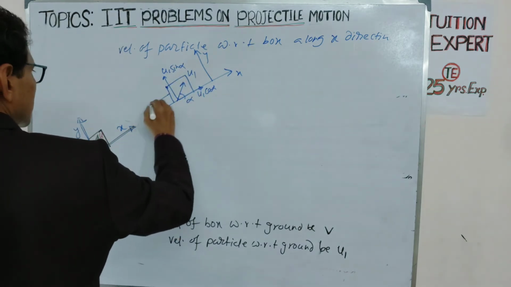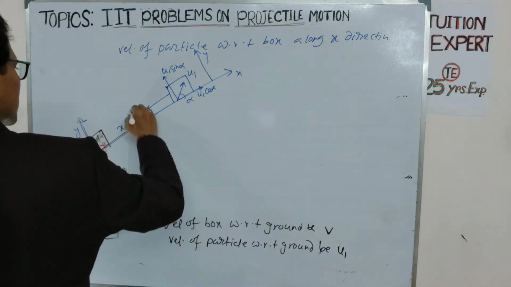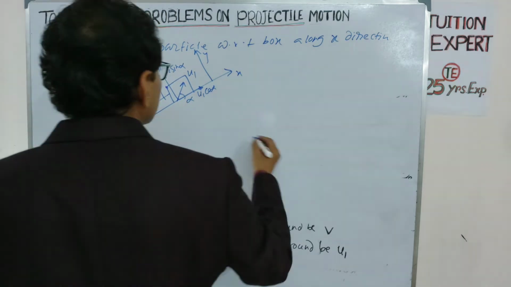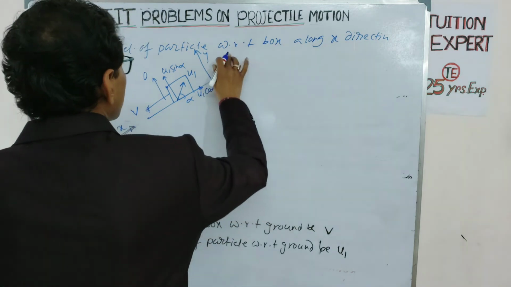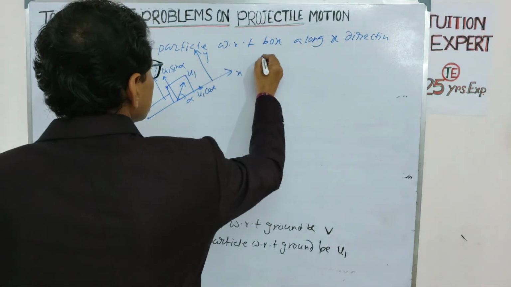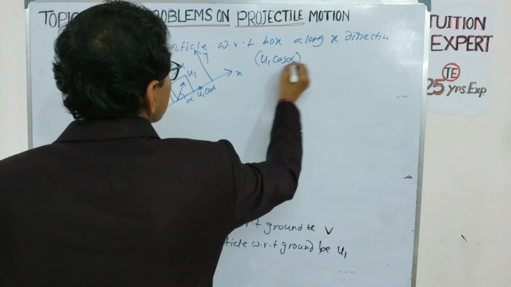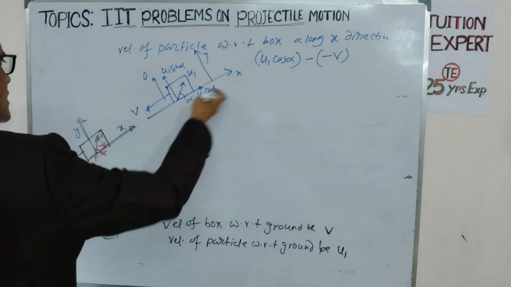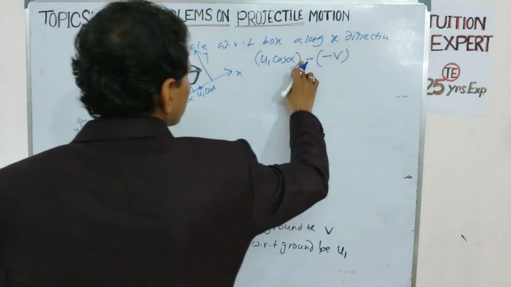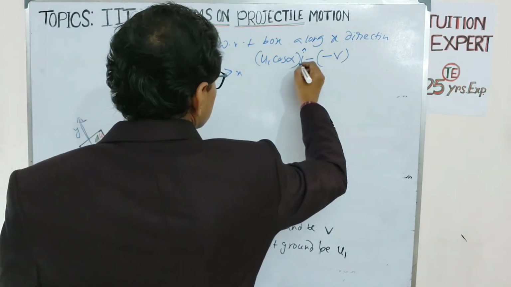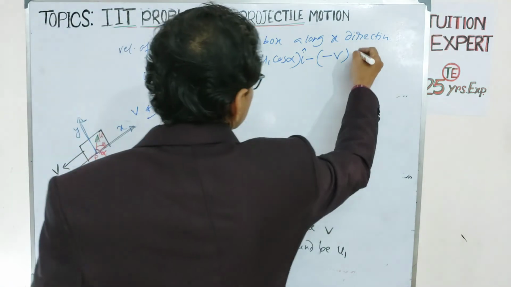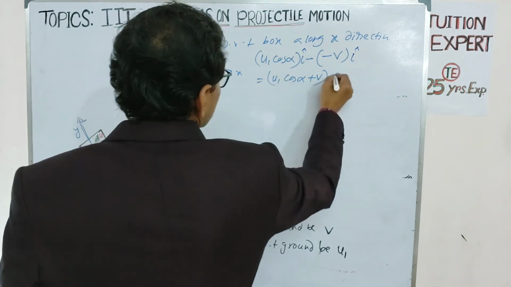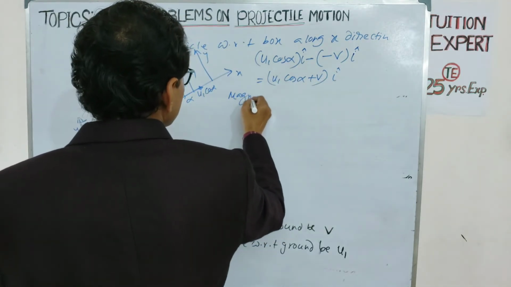Along the x axis the box moves with v and along the y axis it is 0. So along the x axis the velocity of the particle with respect to the box will be u1 cos alpha minus v, because this is positive, this is negative. Also if we take i as the unit vector along the x axis, then this becomes this, so its magnitude is this.